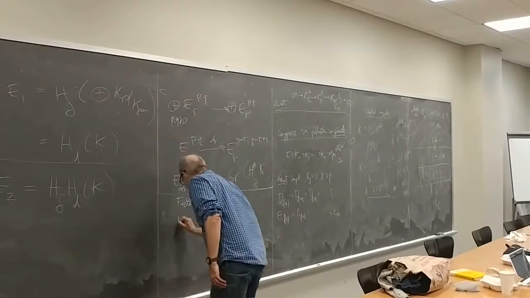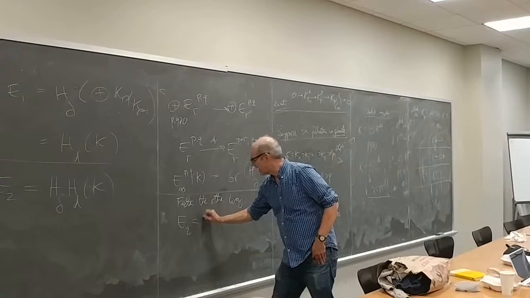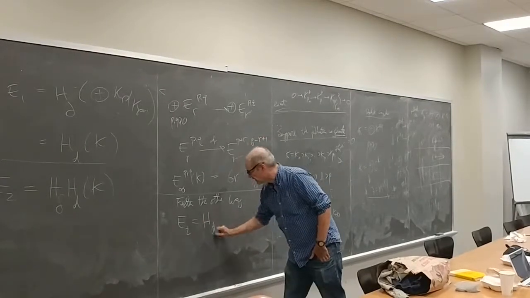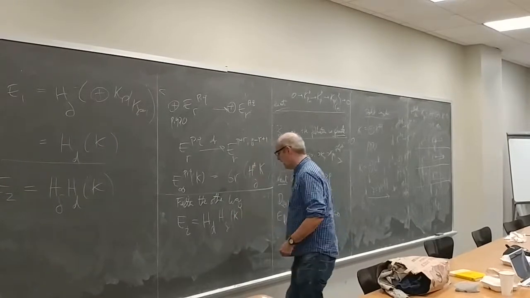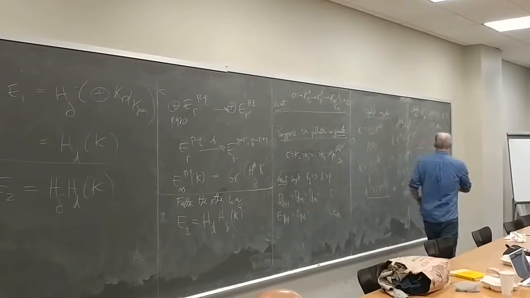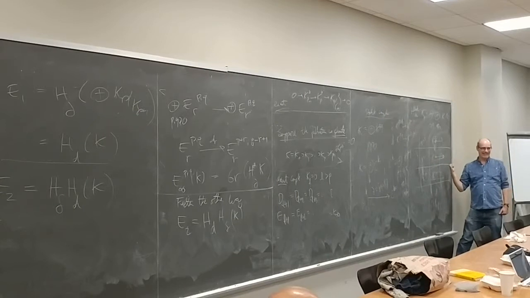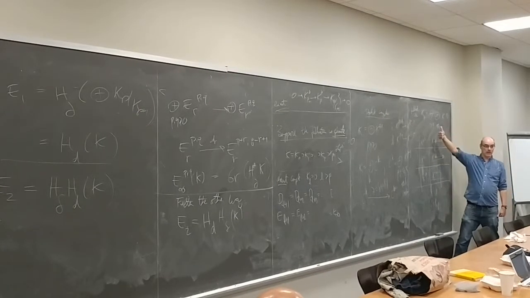But the other spectral sequence, if you do it the other way, will have as an E2 term the D cohomology of the delta cohomology of K. In other words, you take cohomology this way, and then you take cohomology that way.